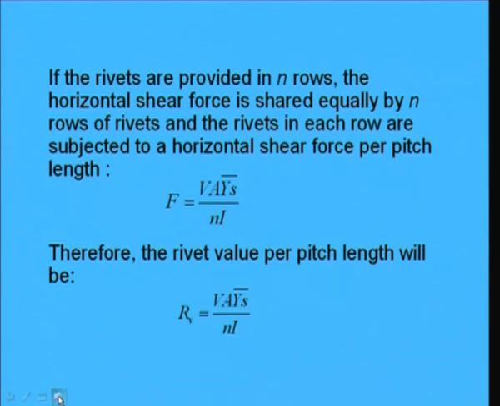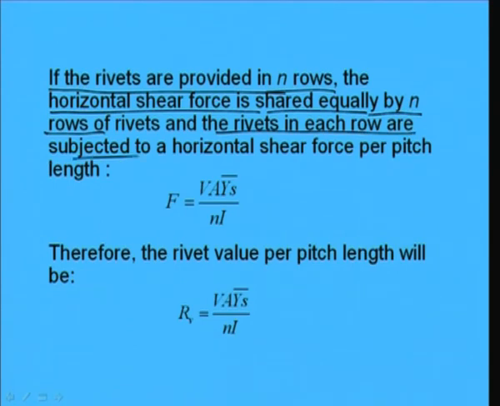We can assume that the rivets are provided in n rows, means how many rows are there. So, let us assume the rivets are provided in n rows, then the horizontal shear force is shared equally by n rows of rivets, and the rivets in each row are subjected to a horizontal shear force per pitch length.